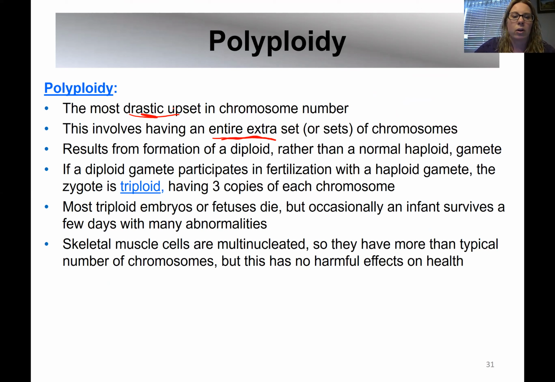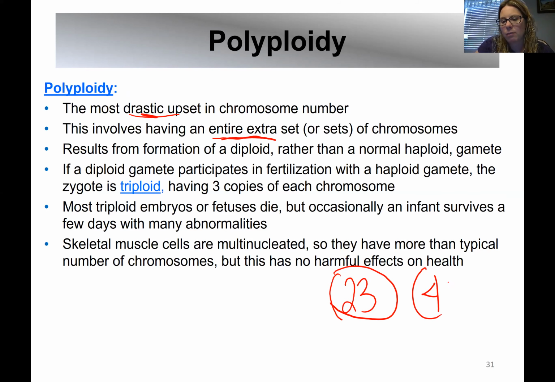This could happen in a case where perhaps you have a sperm with 23, and for some reason the egg didn't separate, and you would get these two to combine together.